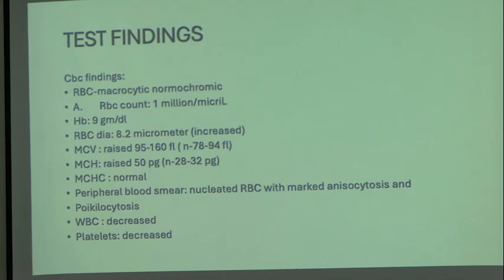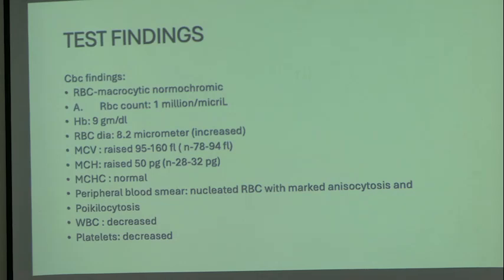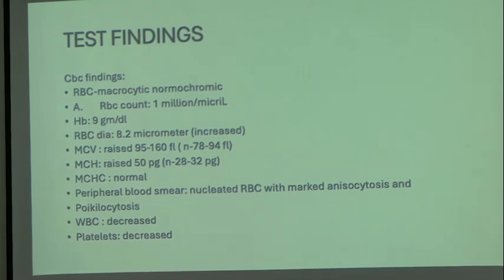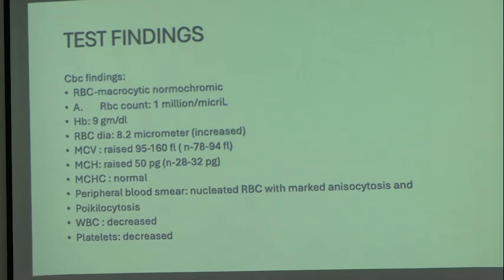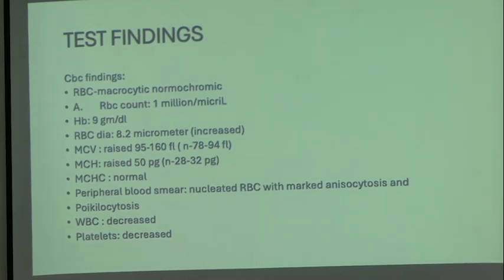And what are my findings? The morphology of RBC: macrocytic, normochromic. Size of the RBC is increased. Normally it is 7.2 micrometer, but it has become 8 point something. So size has been increased, and at the same time hemoglobin is also increased, but the number is decreased.